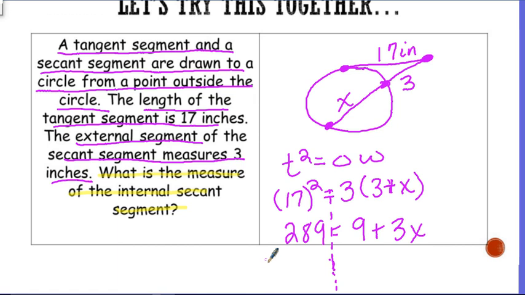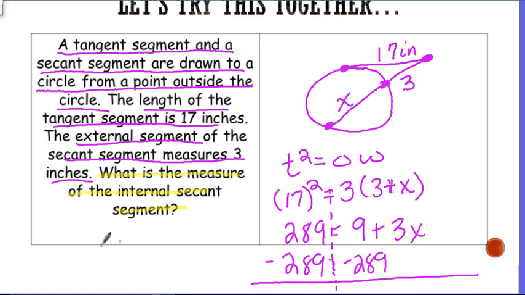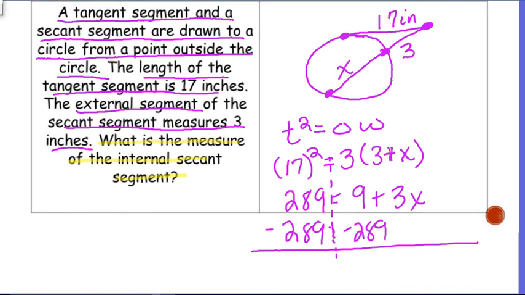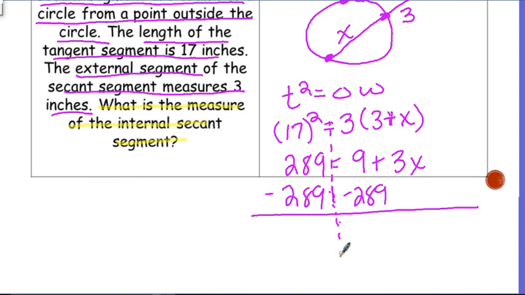Variables go on the left. So I'm going to subtract this 289 from both sides, because it is on the wrong side. So here I get 0 equals negative 280 plus 3x. My 3x is on the wrong side, so I'm going to subtract 3x.